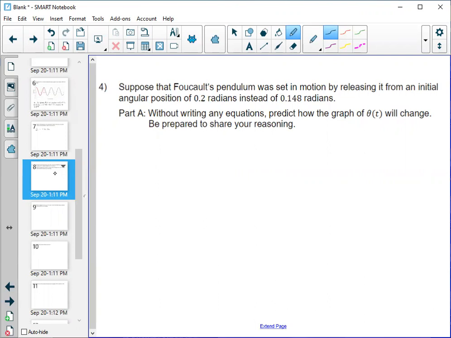Okay, so the amplitude will increase since the initial angle from which the pendulum is released increases. So neither the frequency nor the period will change, since neither depends on the initial angle, theta sub 0. The only values that affect the argument of the cosine function would be g and L, which remain unchanged in this scenario.